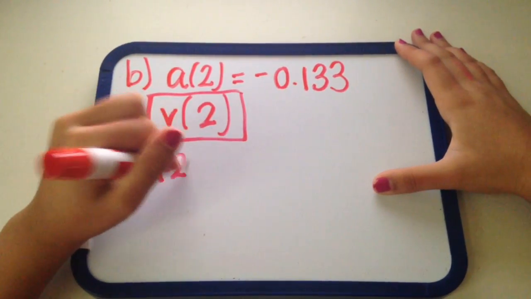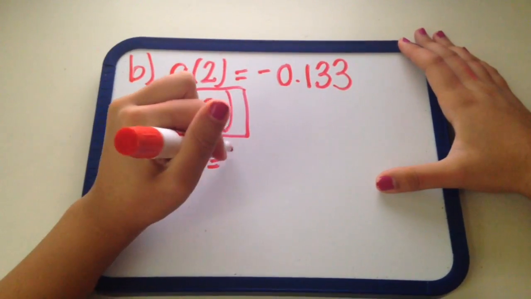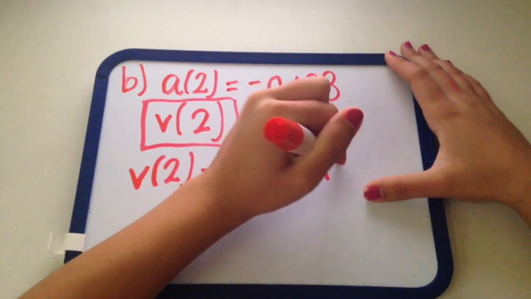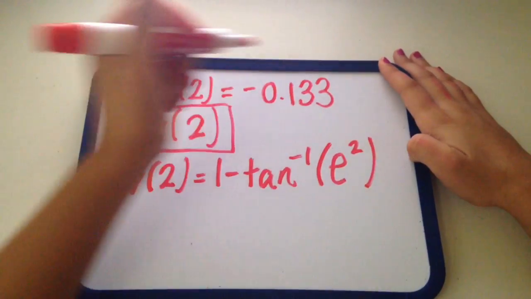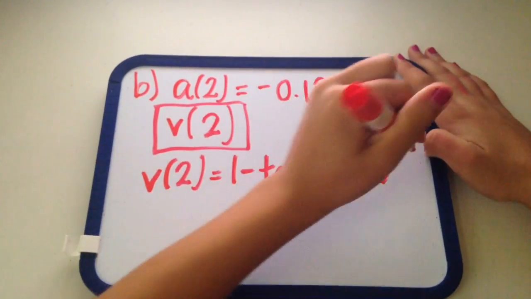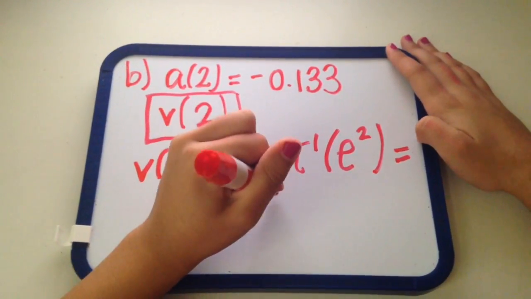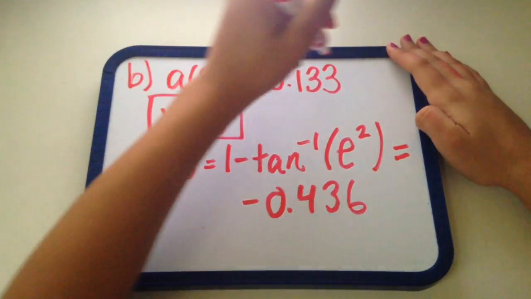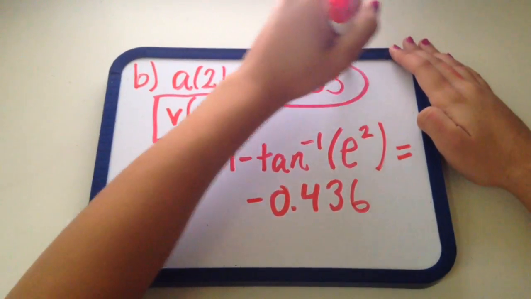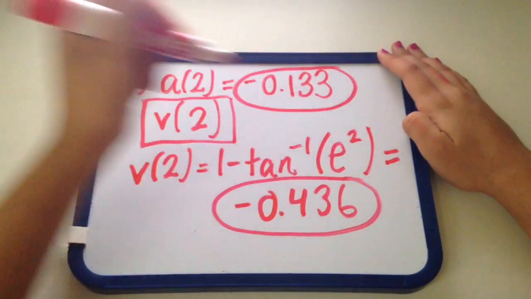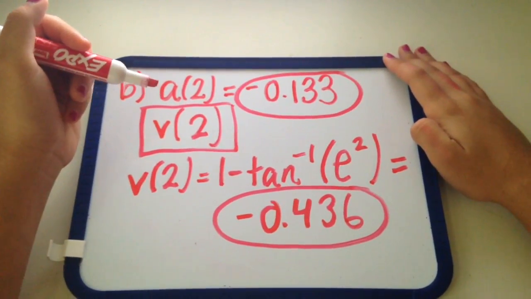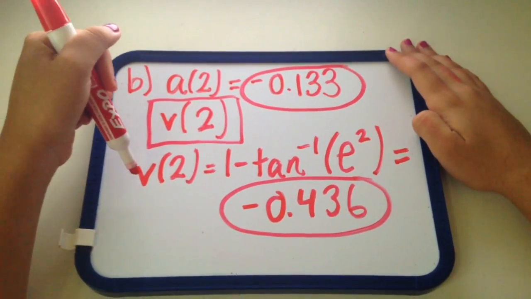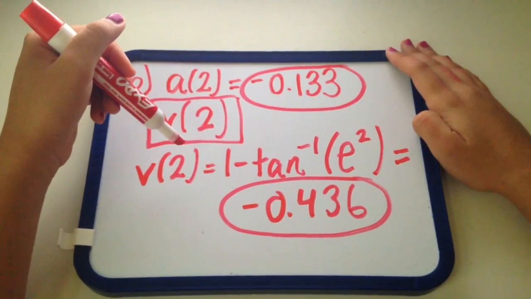And we can input 2 into the equation: 1 minus inverse tangent e to the second. You can input that in your calculator and you will get negative 0.436. And so these are both negative, which says that speed is increasing since acceleration at time equals 2 and velocity at time equals 2 are less than 0.